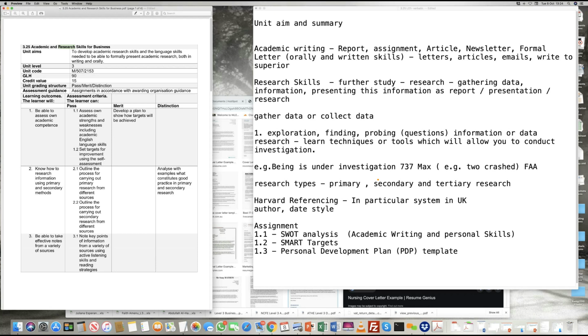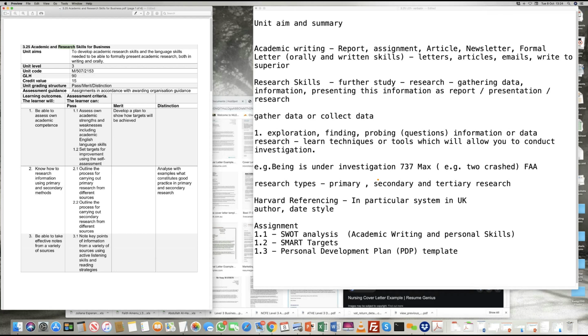So again, research is quite important because you need to understand why you need to research, how you collect data, and when you've collected data, how you analyze it for meaningful purposes. And once you analyze the data, how do you present it to the relevant audience so that they find the information they are looking for?